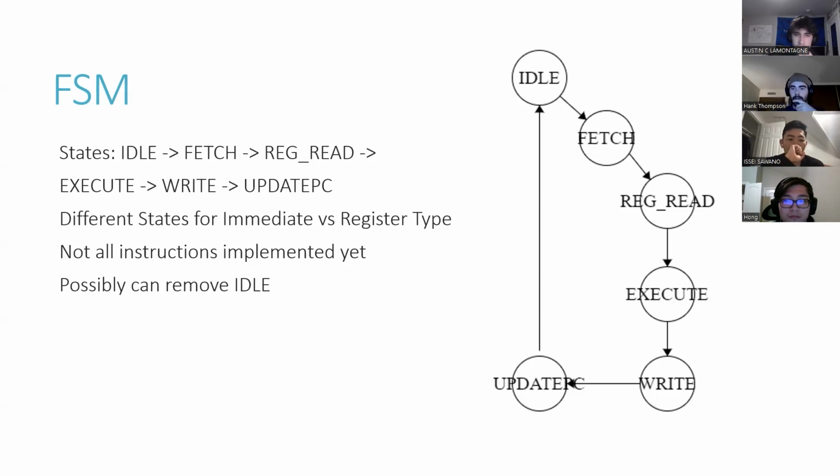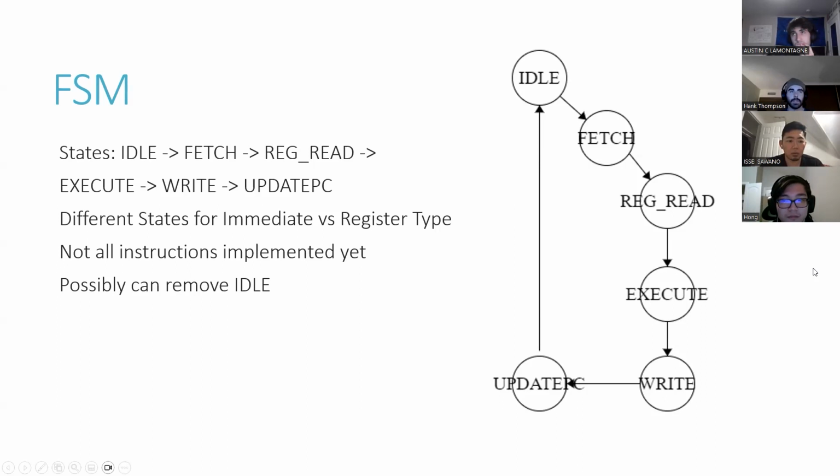So far, we haven't implemented all the instructions. We still need to do things like load and store. So we're getting onto that this week, and we may be able to remove idle entirely or just have it go into that state the first time that we run the machine, because then we can just go straight to fetch after we update the program counter.